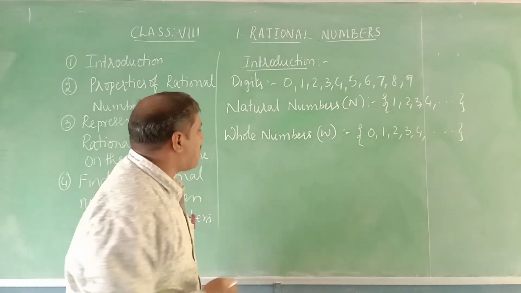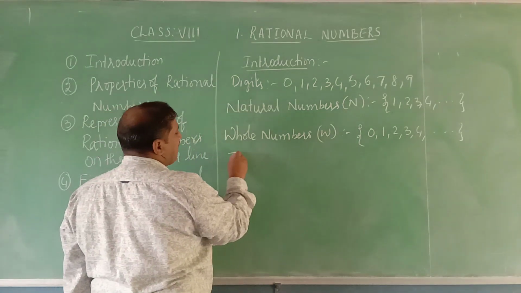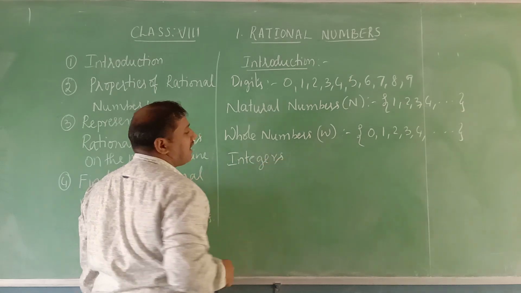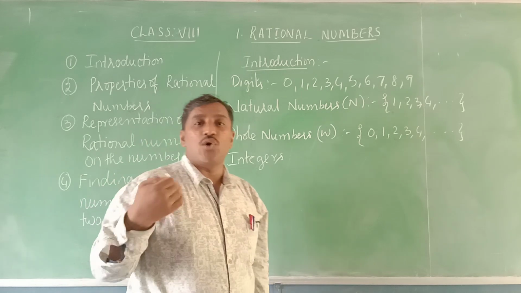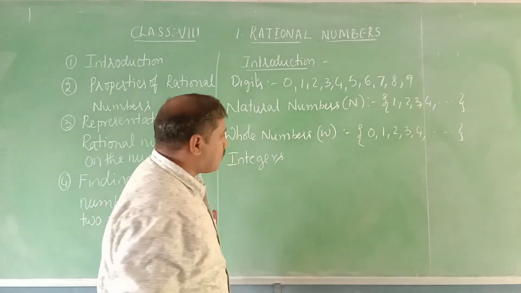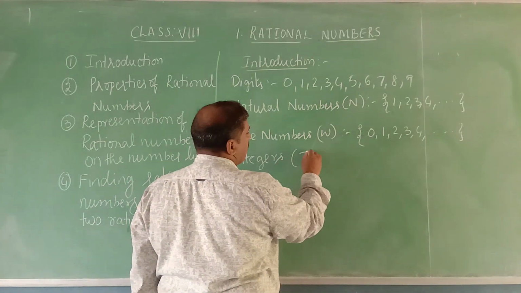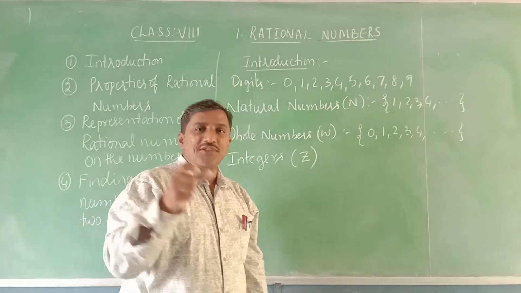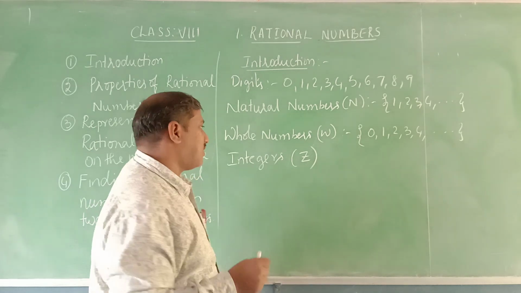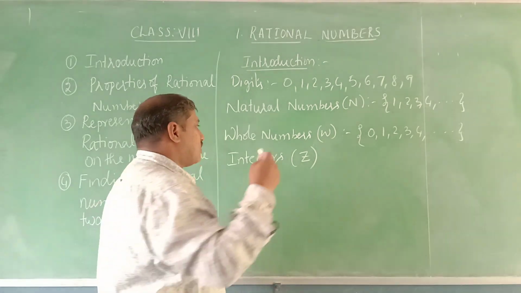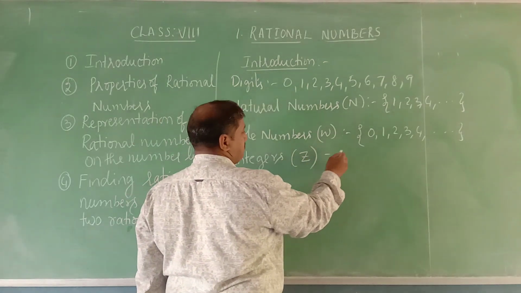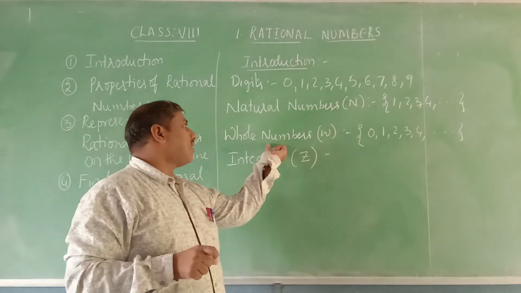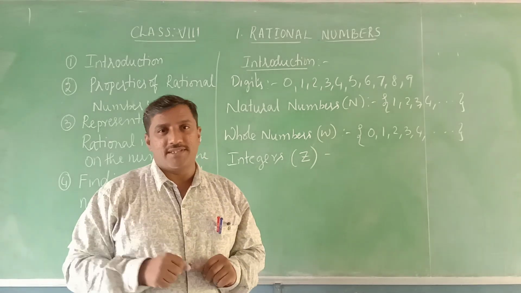Next, the third type of numbers are known as integers. Integers are represented with a letter called Z, or even we will represent with I. So what are integers? Integers are a set of numbers, that is whole numbers, including negative numbers.